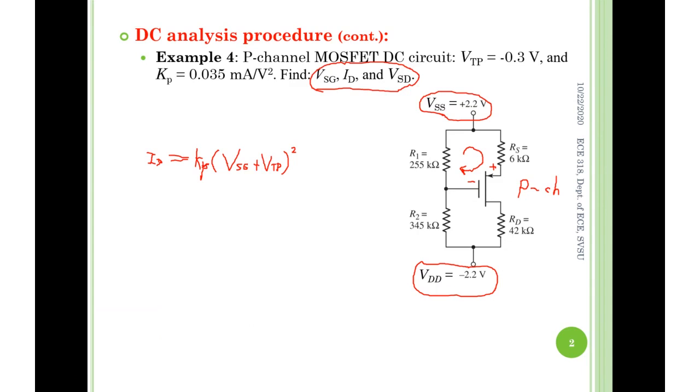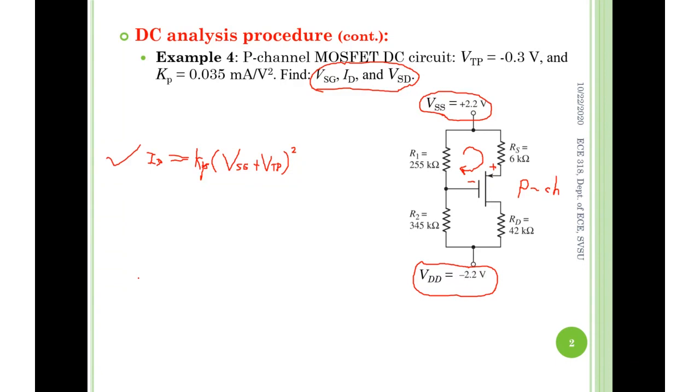So before presenting the solution, let's recall the arsenal we have, all of those weapons we can use. First of all, we definitely are going to need the saturation ID current equation for the P channel.